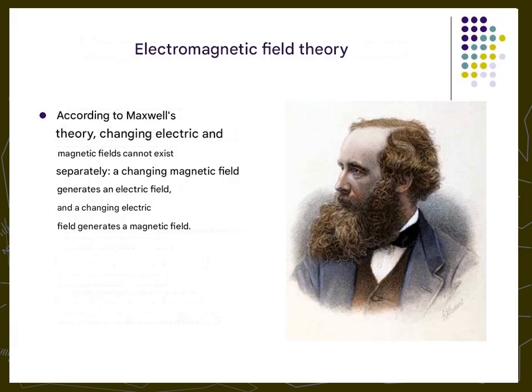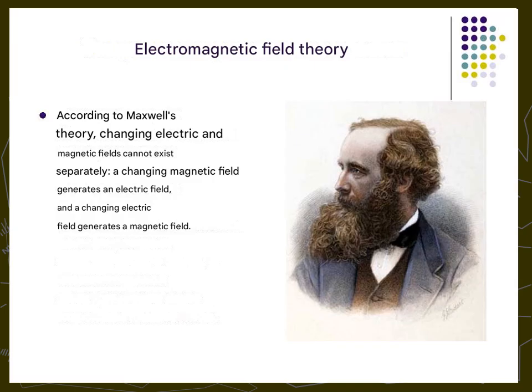The next question is the theory of the electromagnetic field, and this theory was developed by Maxwell. According to this theory, we have electric and magnetic fields. If they are variable, they cannot exist separately from each other.